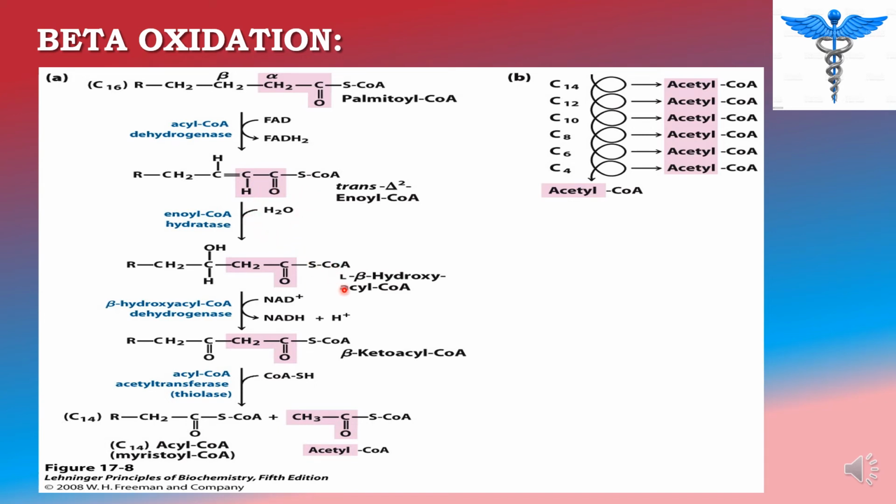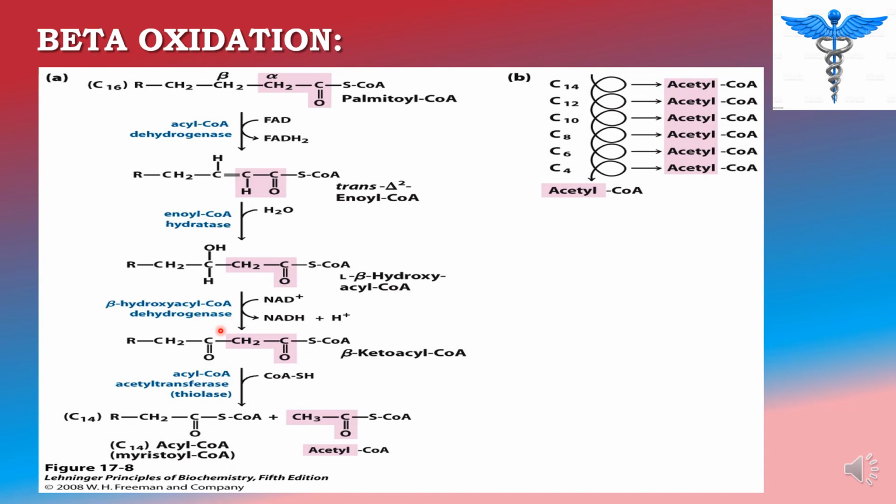The beta hydroxyacyl coenzyme A is then again oxidized to beta ketoacyl coenzyme A by an enzyme beta hydroxyacyl coenzyme A dehydrogenase. The name is the same as beta hydroxyacyl coenzyme A, only with the enzyme you have to put dehydrogenase.